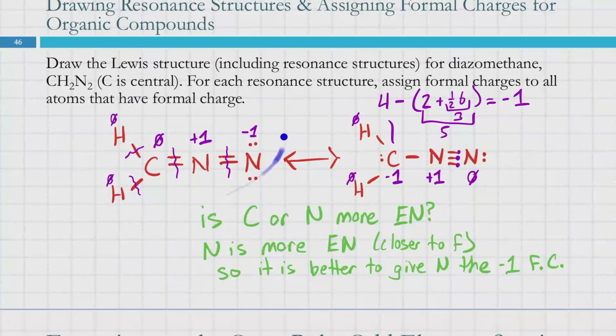So we are going to choose the version on the left for our Lewis structure. That's the one that's probably going to be around most of the time. The one on the right can occur. It just probably won't be around quite as much as the one on the left.